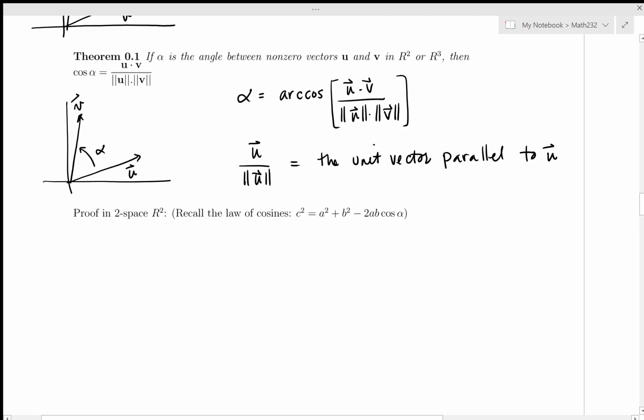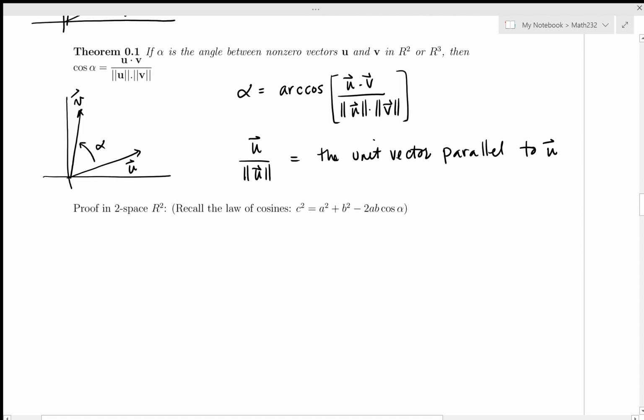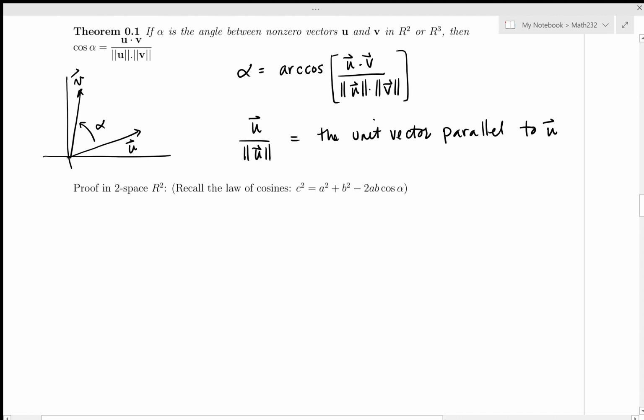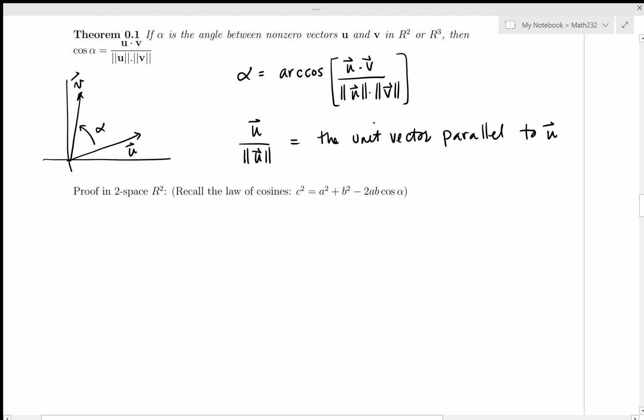We're going to prove this in R2, using the law of cosines, which you have seen at some point in your career, probably in grade 11 or grade 12.